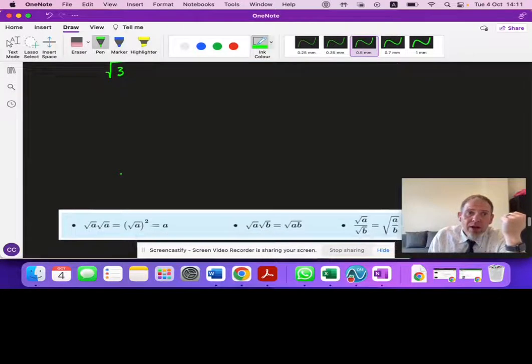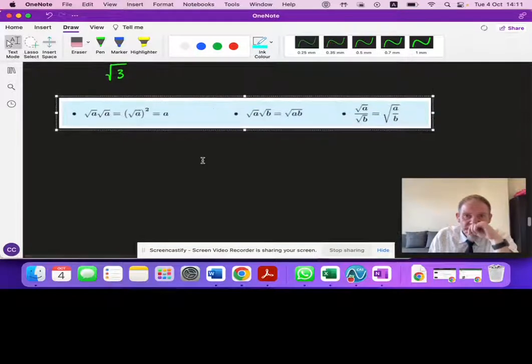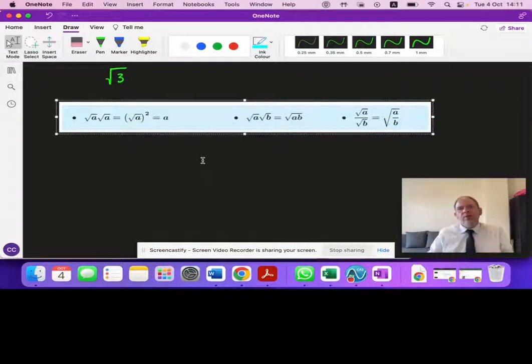Okay? Now, that's a nice little thing to recognize. But what we want to be able to do with radical expressions and radical numbers is manipulate them algebraically. And for that, we need a couple of rules. One of these rules we've actually already seen.